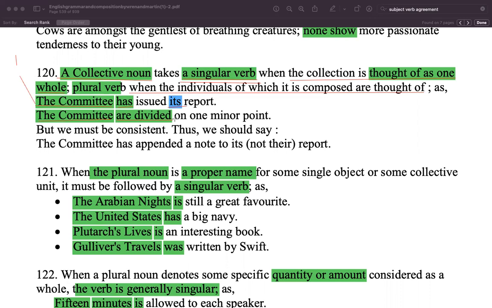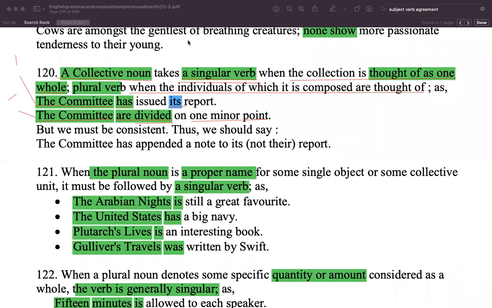So you will find the individuals are divided, or the committee are divided on one minor issue or minor point. So in subject-verb agreement, division itself indicates a negative idea, indicating the subject is two, not one.